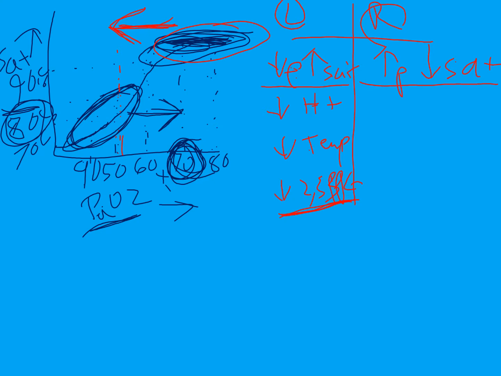Other things that can cause a left shift would be carbon monoxide poisoning, and also fetal hemoglobin. We already talked about fetal hemoglobin in the red blood cell PowerPoint, where it's purposeful to carry more oxygen at lower pressures. Well, there you go.